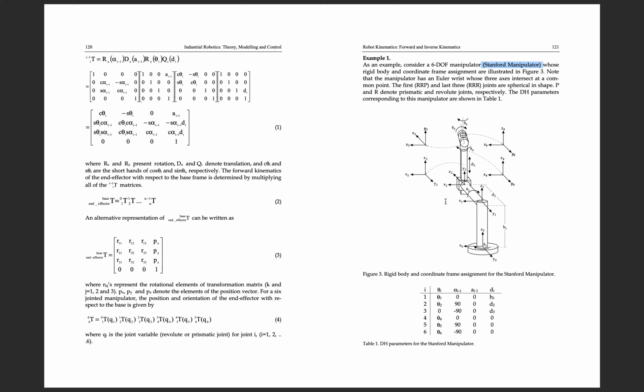This is the control parameter for the prismatic joint. In this example we see the DH parameters table that we need to specify, and I will try together with you to look at these parameters and how they are derived.